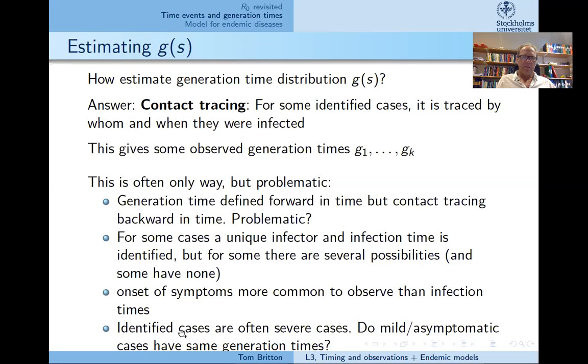If you identify some cases, most likely the cases you will identify are severe cases because they are the ones coming to the hospital, so they are the ones you will reach. Whereas mild cases would not come to the hospital, they would not be registered. So if their generation times differ as compared to the severe cases, you will estimate the generation time only of the severe cases.